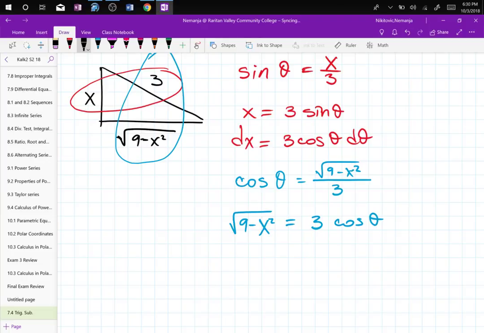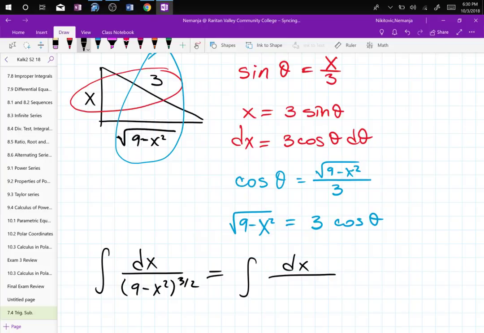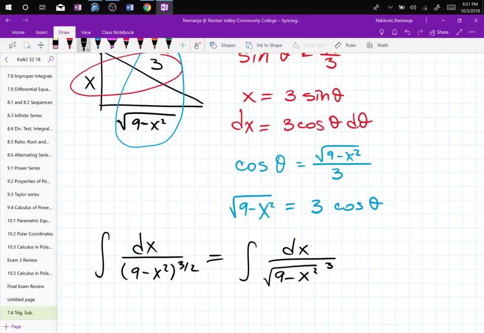Now you just swap things in and you're done. What do I have? The integral of dx over 9 minus x squared to the 3/2. You can say that's a square root, which is a half, and you still have a cube on the outside.